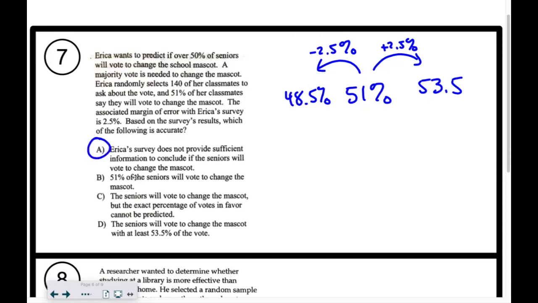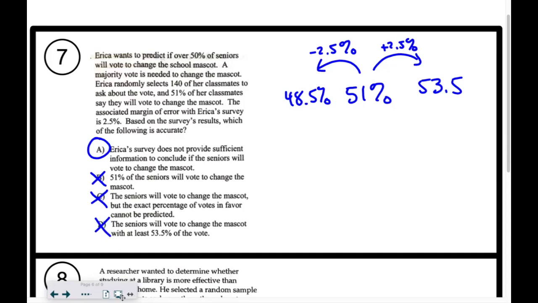There's no way we can say 51% will vote because, again, we're always just trying to make predictions about the population. Again, we don't know that they'll vote to change it because there's a decent probability that it'll be less than 50%. And they will vote with at least 53.5. That's just kind of ridiculous.